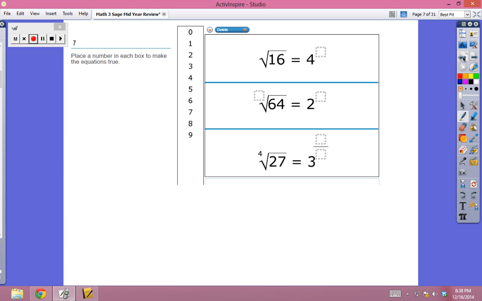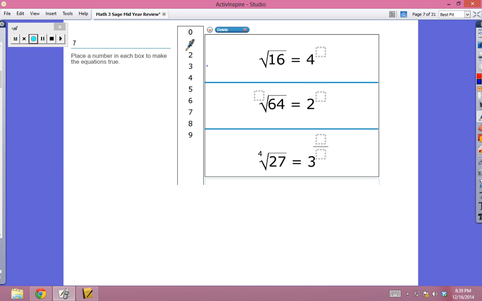Okay, 7. So you kind of got 3 rows, and you need to drag and drop from the bank to make these equal. Okay, the square root of 16, I know the square root of 16 is just 4. So that has to equal 4 to the 1. And now, I wonder if you can use numbers more than once.